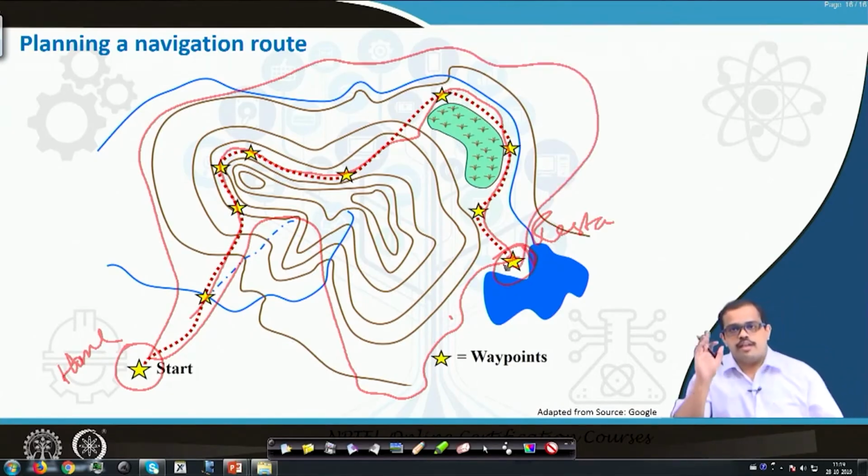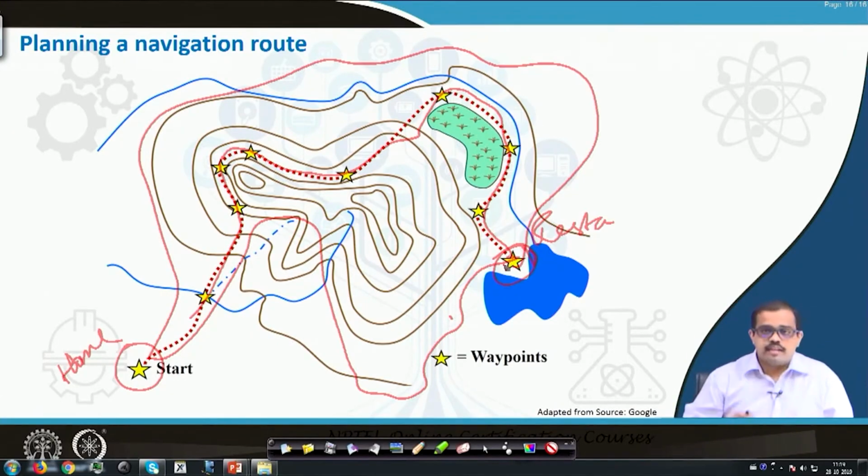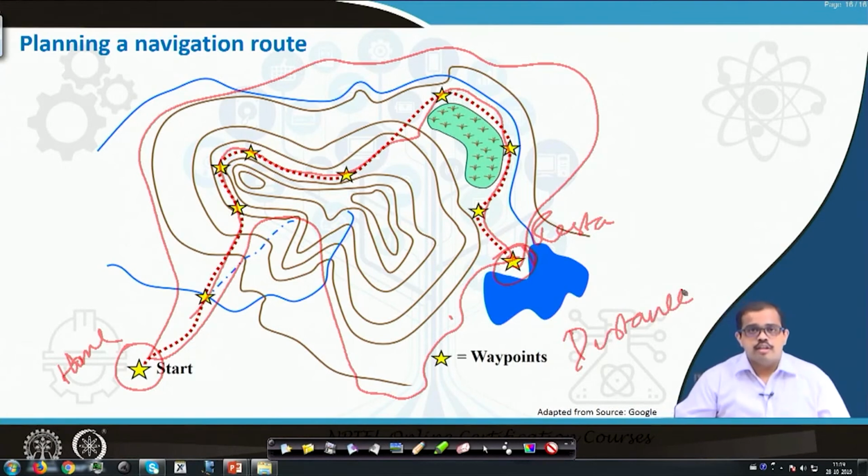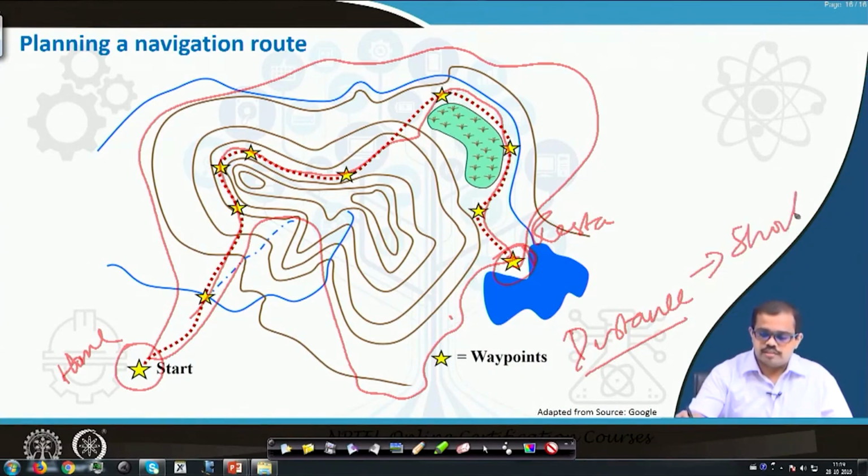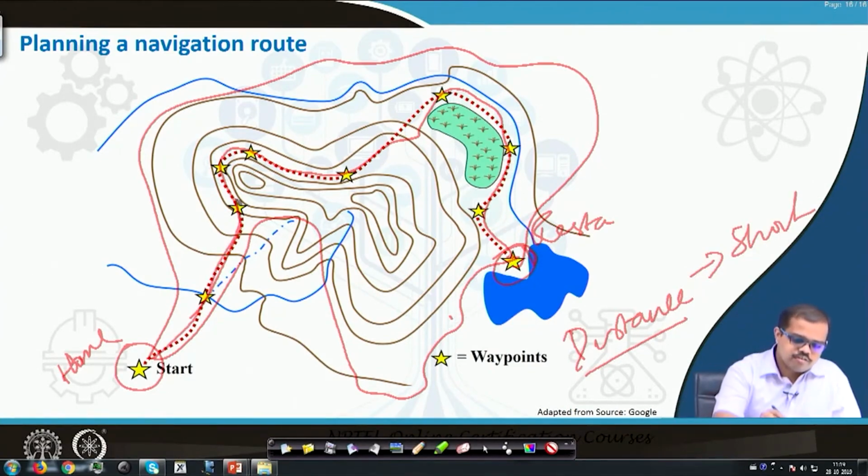So now you have three different paths. The first thing it calculates is the distance of each path. Once it has looked at the distance of each path, it will determine the shortest distance.